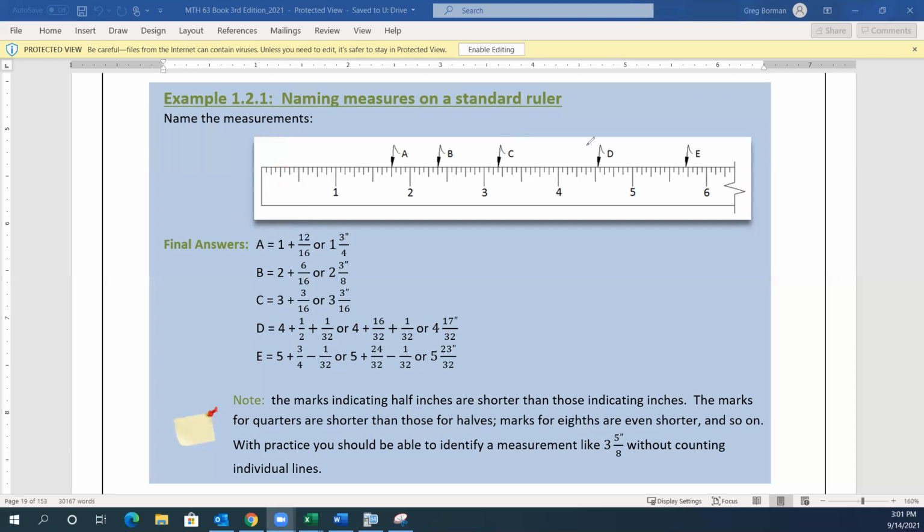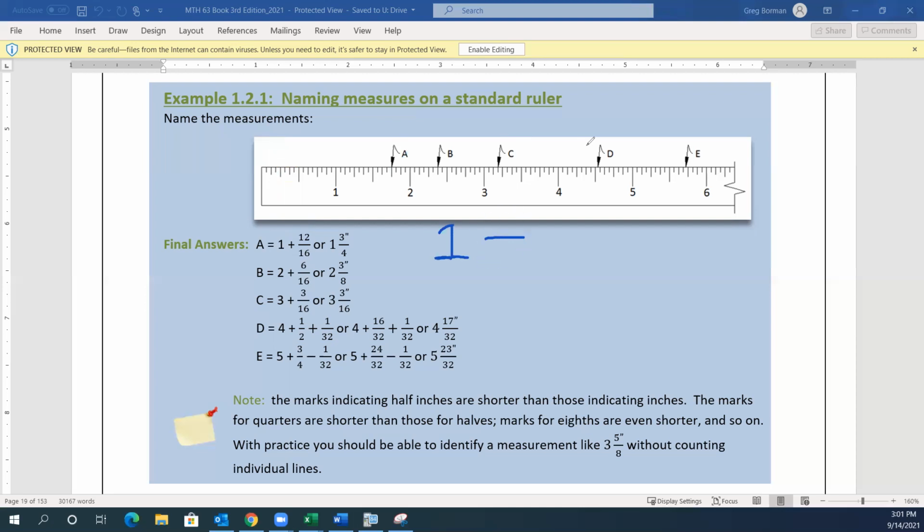So A is pointing at this guy right here. What is that? Well, we know it's between 1 and 2 inches. So it's going to be 1 inch and something.